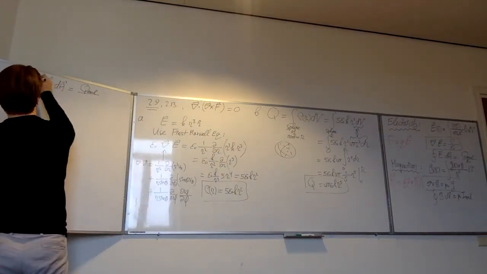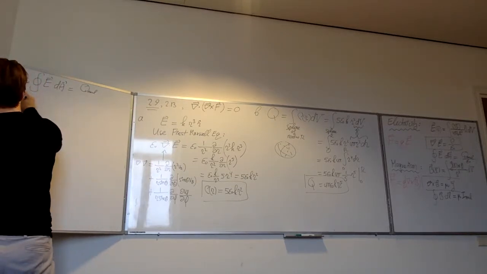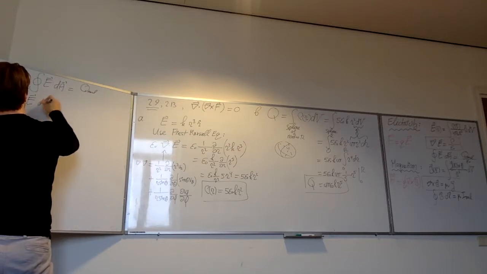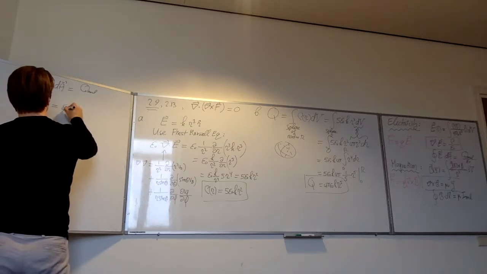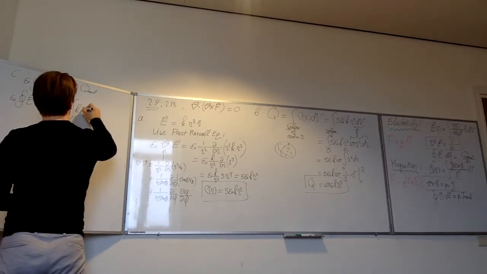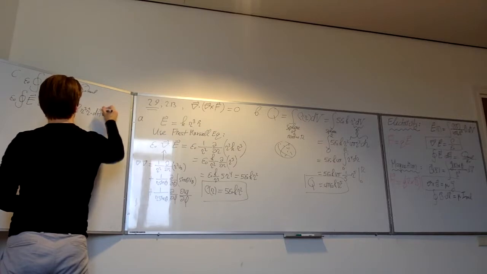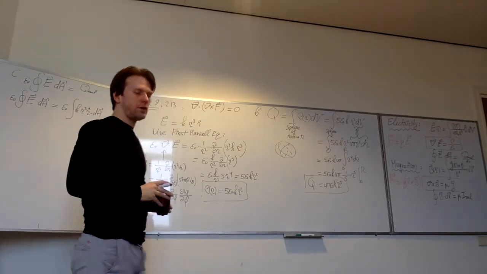The epsilon 0 will go here. I'm going to put in the k's and such: k R to the 3rd, R hat. This is the integral that we have to solve here.